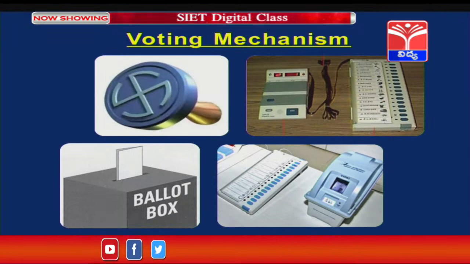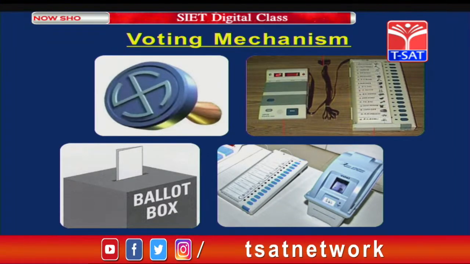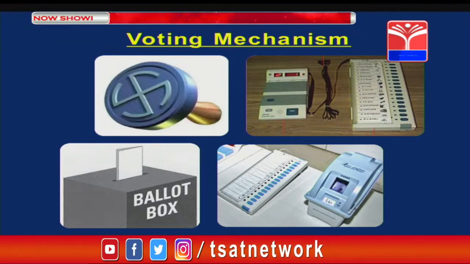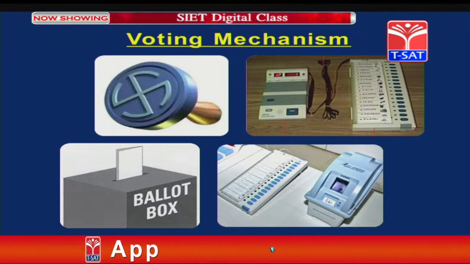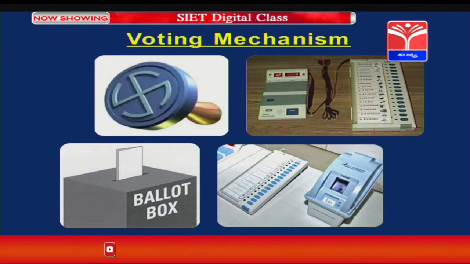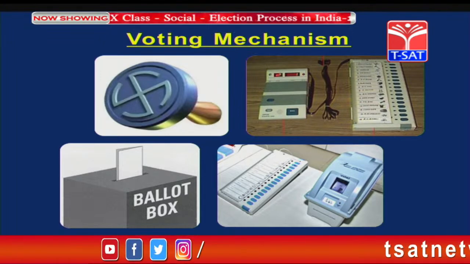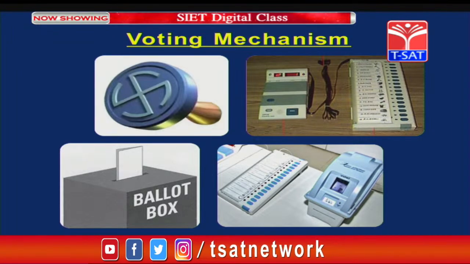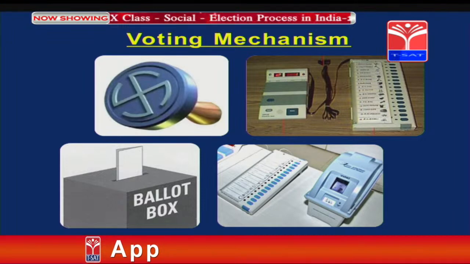See children, in this voting mechanism, previously the swastik mark stamp was used to be stamped on the ballot paper, and you can see the picture of the EVM, electronic voting machine, and the ballot papers dropped in the ballot box. But recently the new system of electronic voting machine with the VVPAT is displayed.